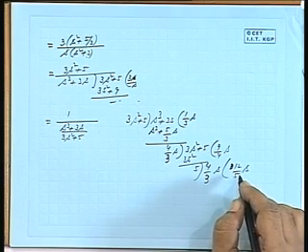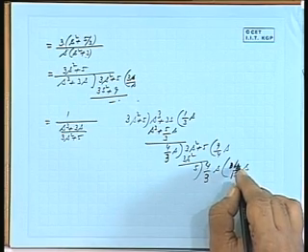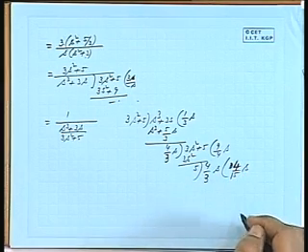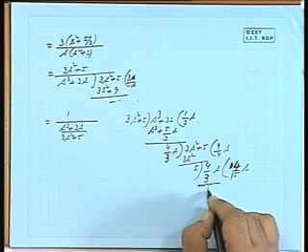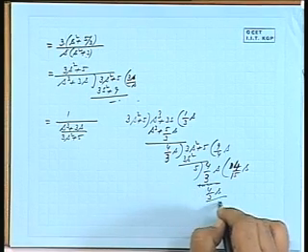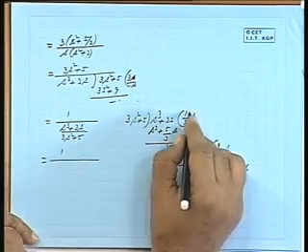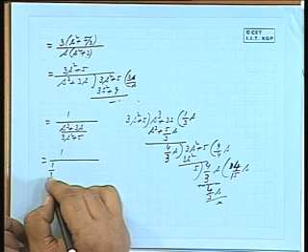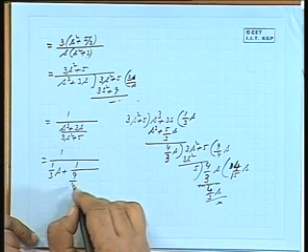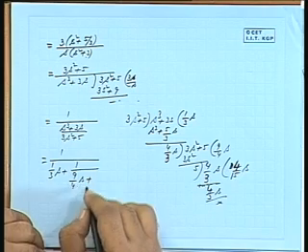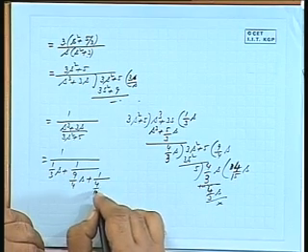How much is it, 15, 4 by 15s, so that will give me 4 by 3s. So this can be written as 1 by (1/3)s plus 1 by (9/4)s plus 1 by (4/15)s.